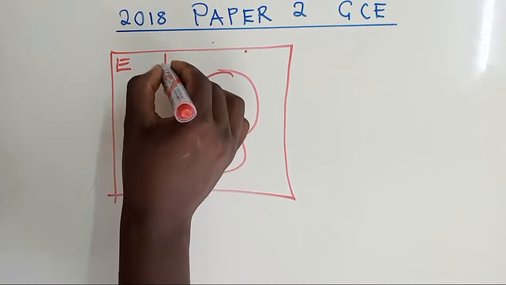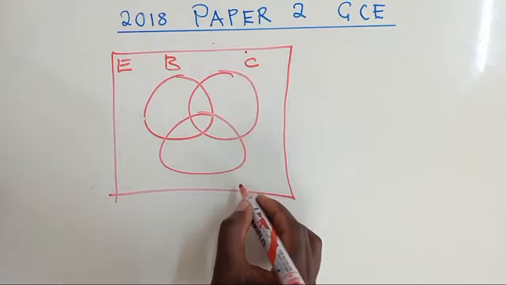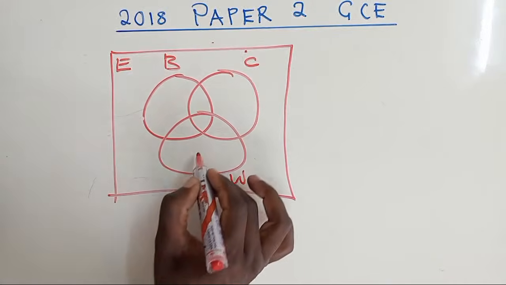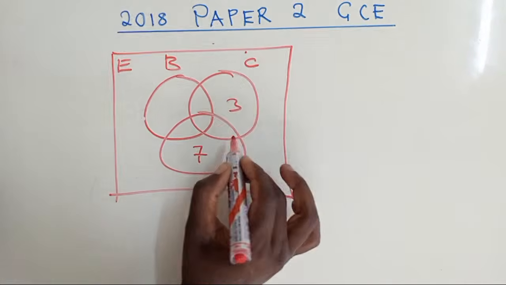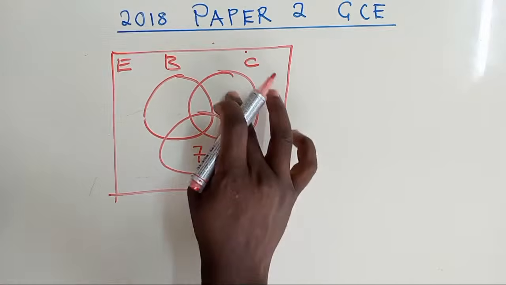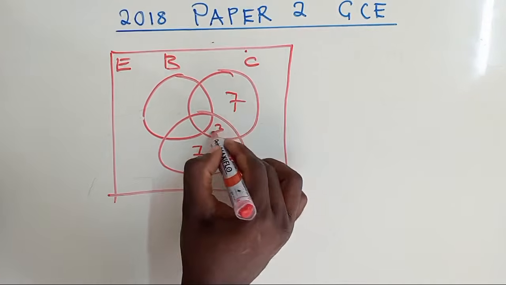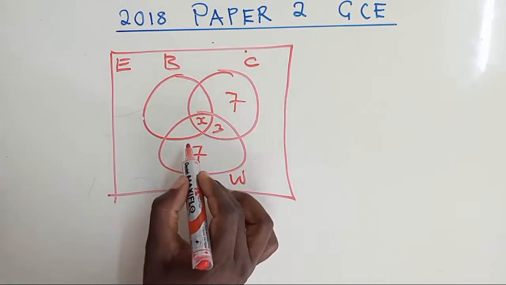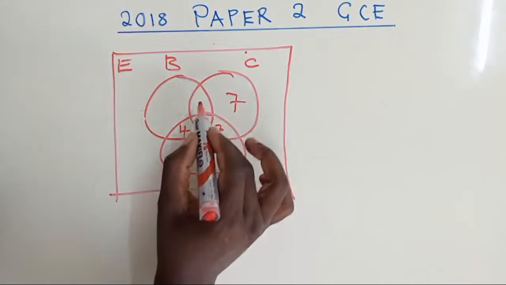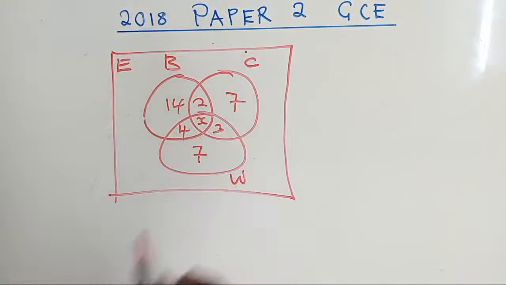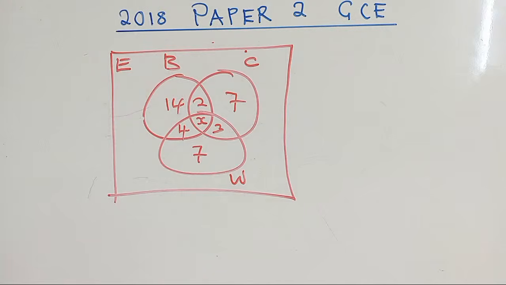We have B, which is bus, C, which is car, W, which is walk. We have 7, 3, 7 here, 3, X, 4, 2, and 14 there. Hopefully you are able to see.